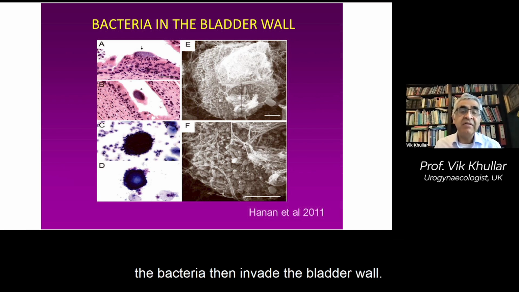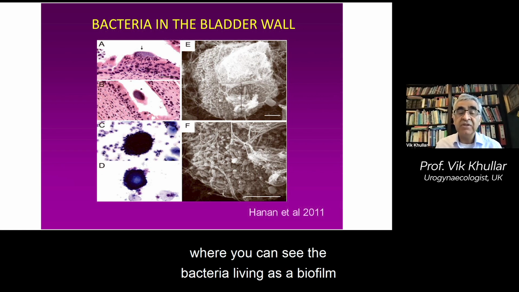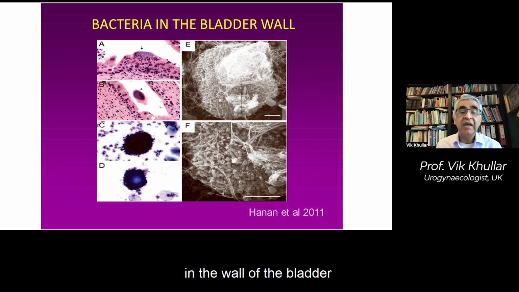The bacteria then invade the bladder wall, and this is a scanning electron microscope where you can see the bacteria living as a biofilm in the wall of the bladder, and these cause repeated infections.